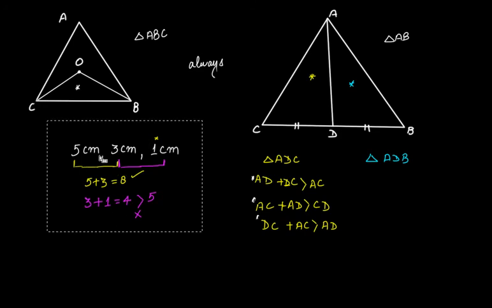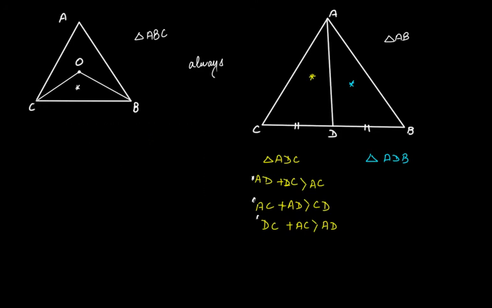Let's take some other examples. You are given 8 centimeter, then 2 centimeter and then 9 centimeter. Is it possible to form a triangle having these three sides? Let's check it. First add these two. So 8 plus 2 is 10 centimeter, and yes, 10 is greater than 9, so it holds true.